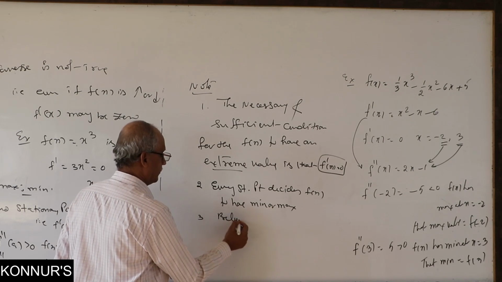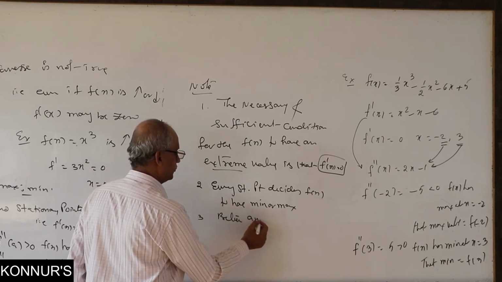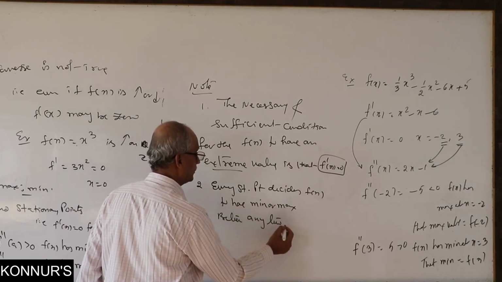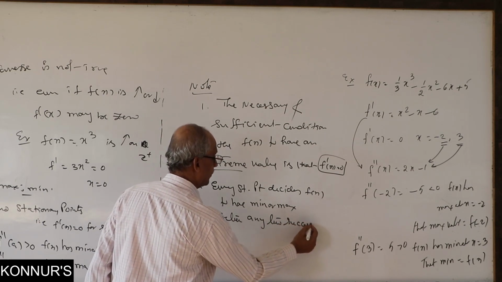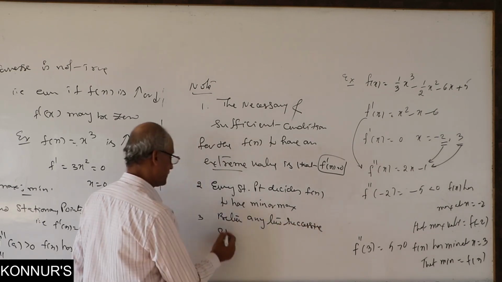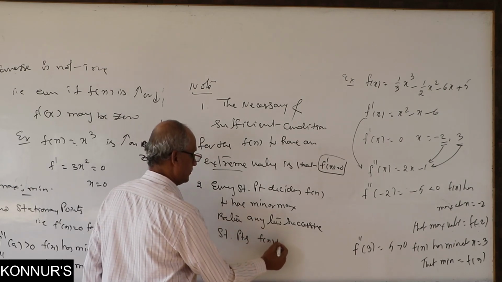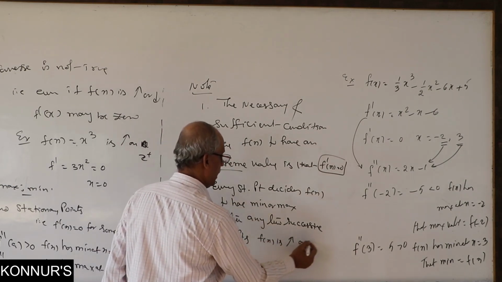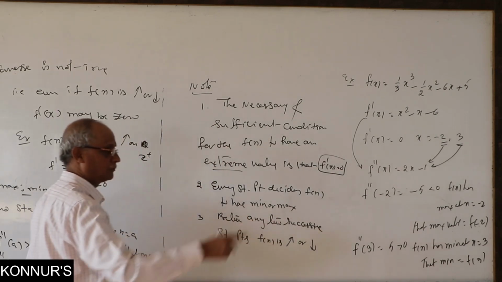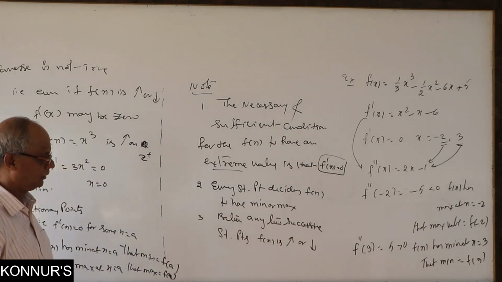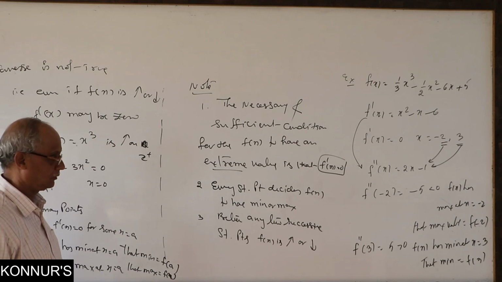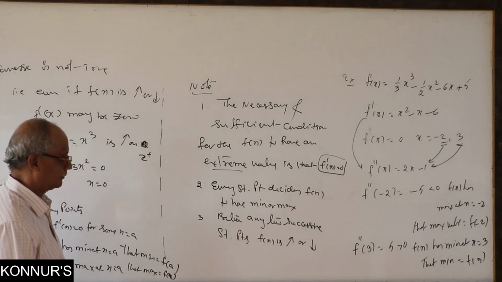Between any two successive stationary points, f of x is either increasing or decreasing, up and down, increase, decrease.